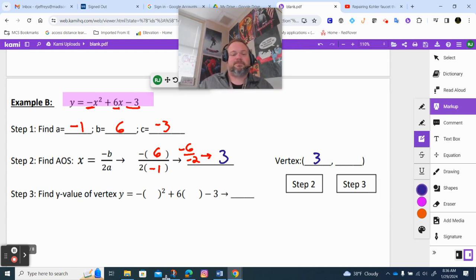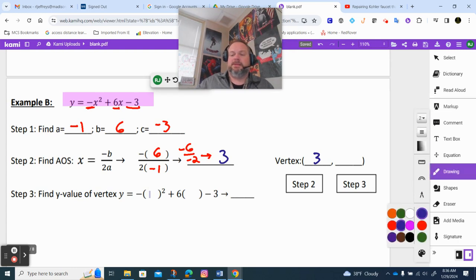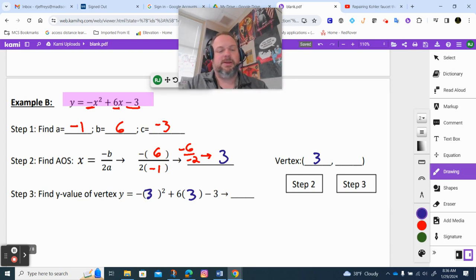Okay, so I'm putting in the 3. Now the negative is on the outside of the parentheses. Yes, it does matter if it's on the outside of the parentheses or the inside. Okay, it matters.